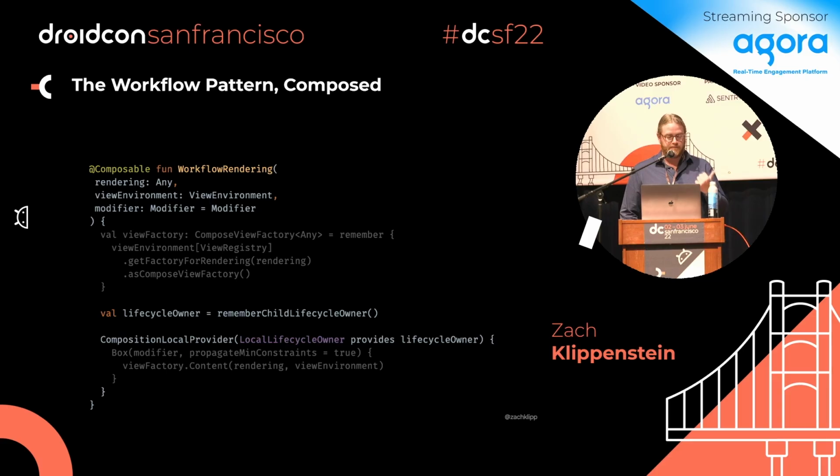So this remember child lifecycle owner is a composable function, and it returns a lifecycle owner that does two things. It reads the current local lifecycle owner value and mirrors that lifecycle state. And then when it's removed from the composition, it moves its state to destroyed. So why doesn't compose do this automatically? Well, like I said earlier, composables do have their own life cycles, but they're much simpler. They're present or they're not present.